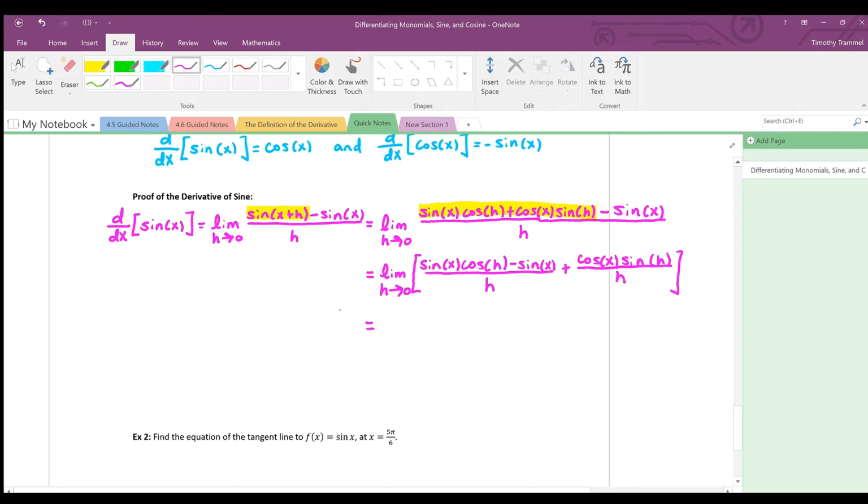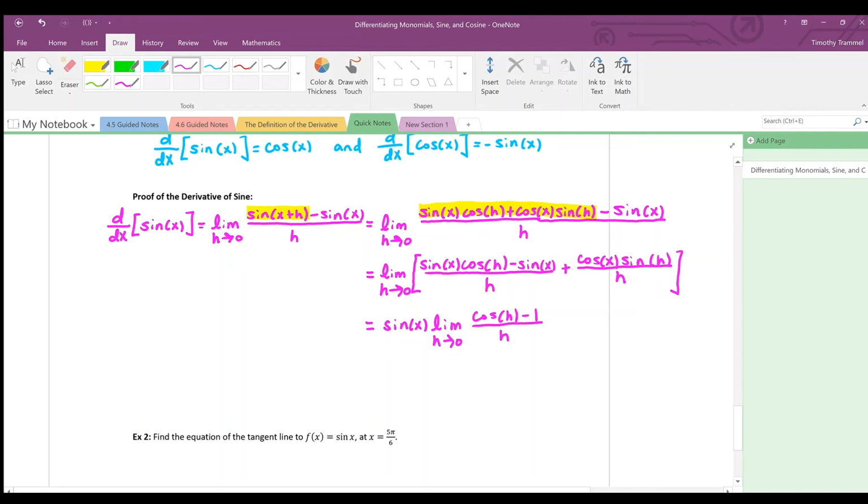So you can bring that out front of one of these limits. And if you were to factor a sine of x out of here, you're going to be left with a cosine of h minus 1, and then this is all over h.